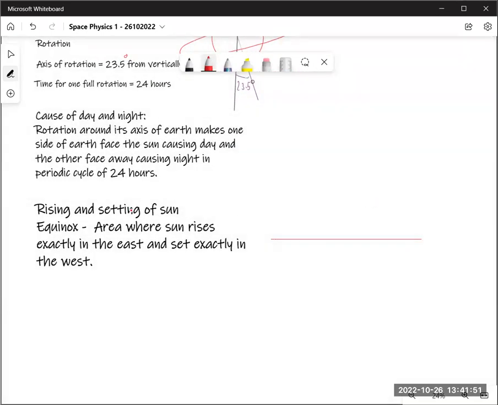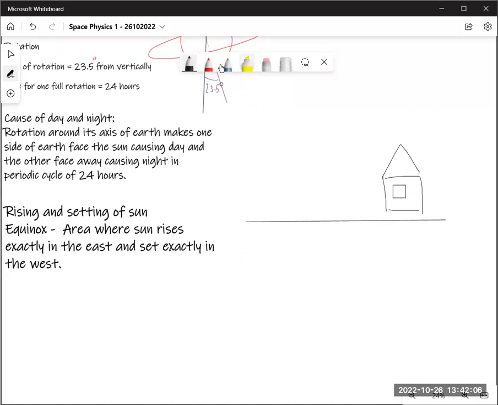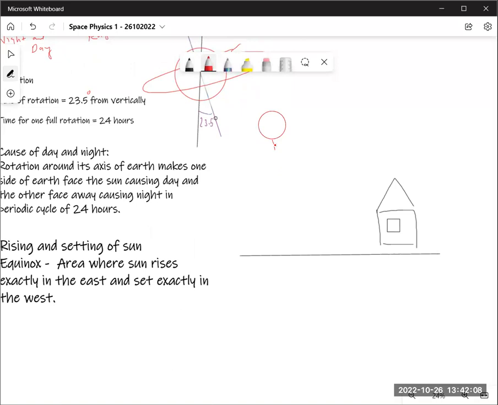No, sir. Now, what does this equinox mean? Well, let's look at Earth like this. Let's say this is a land, and I have some houses here, beautiful houses, and it's floating in air. Fine, magical house. There is also a sun, and the sun is actually setting and rising. But in some places, it's not really exact. Now, if this area was an equinox, the sun would rise exactly in the east from here and set exactly in the west.